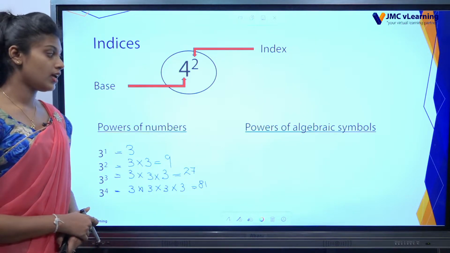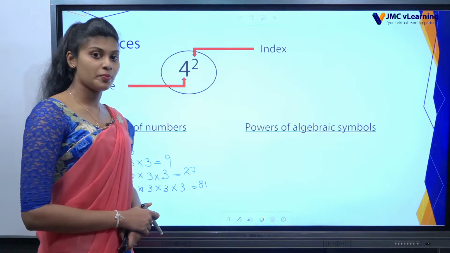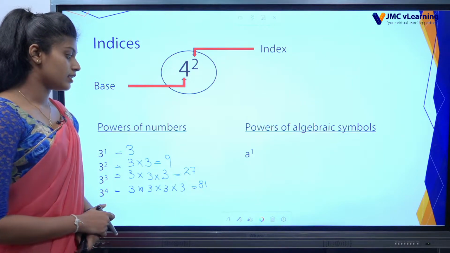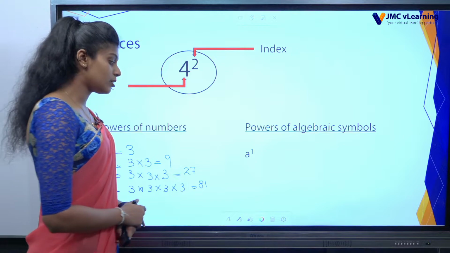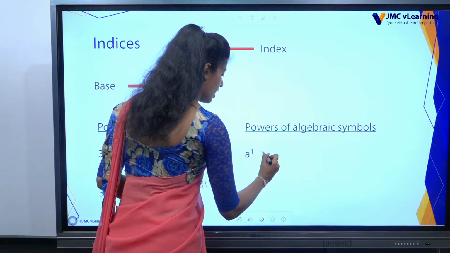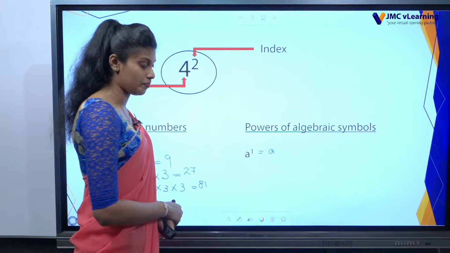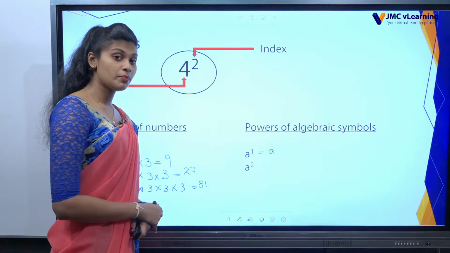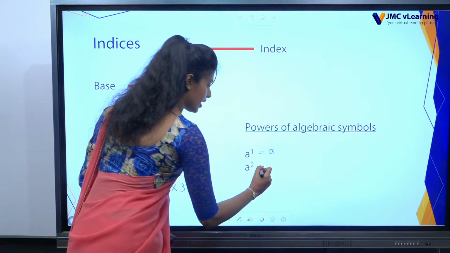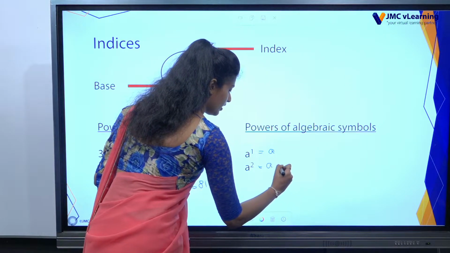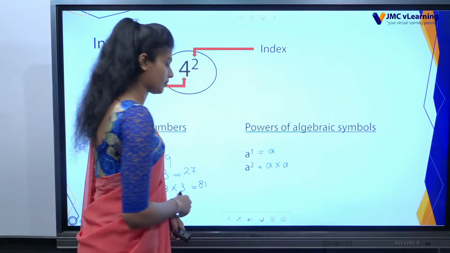Then let's see the powers of algebraic symbols. Then a to the power 1. This a you have to multiply 1 time. Then the answer is a. Then a to the power 2. That means a you have to multiply 2 times: a into a.